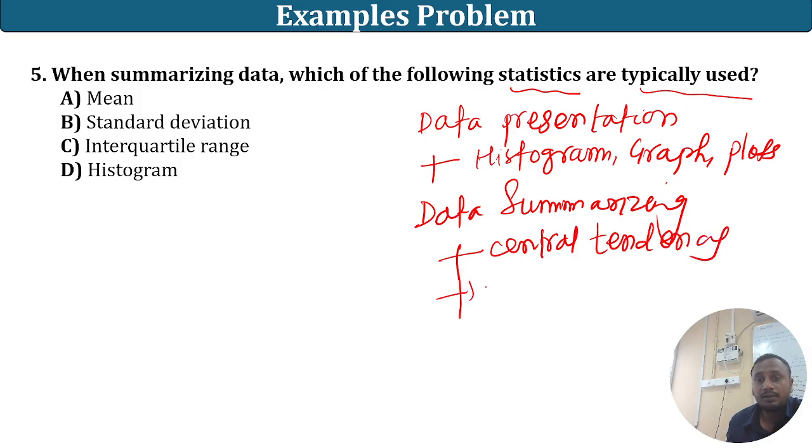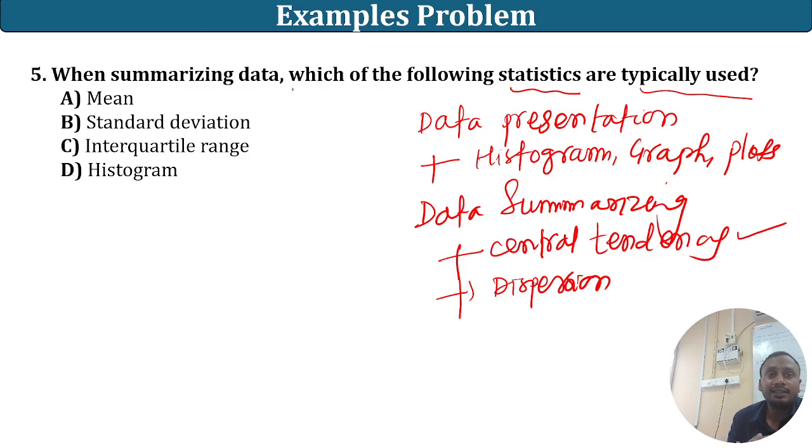Then we have seen the measures of dispersion also. Central tendency, we were having three: mean, mode, median. Dispersion, we were having standard deviation and all.